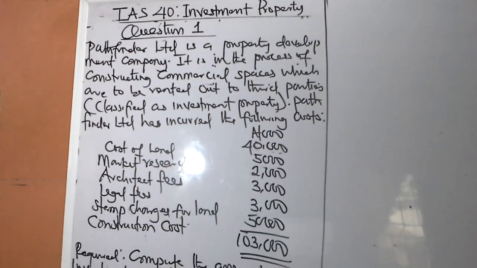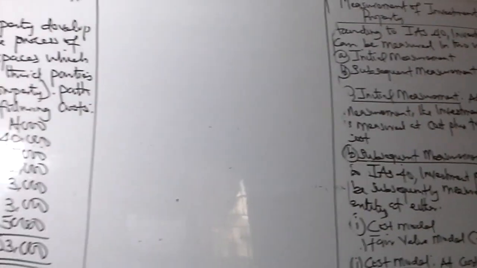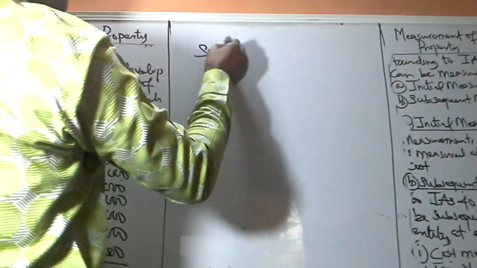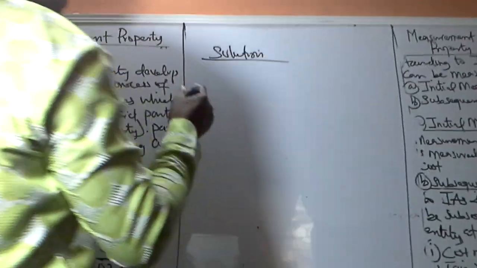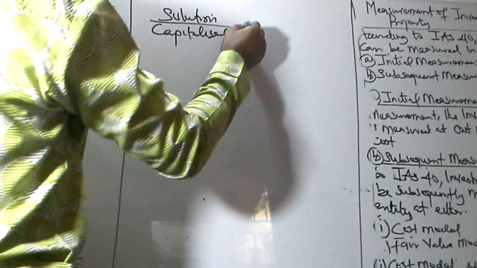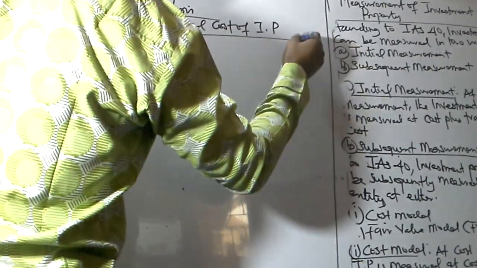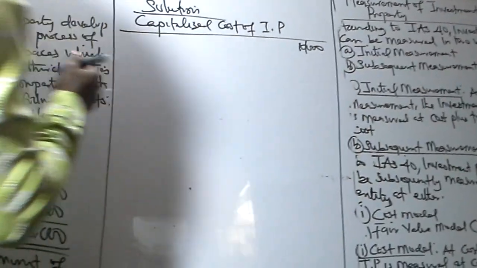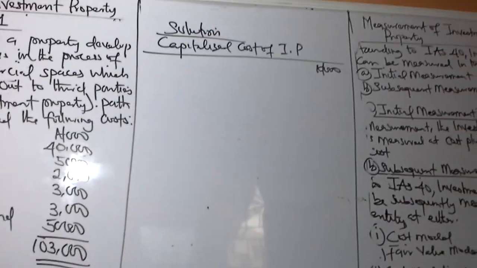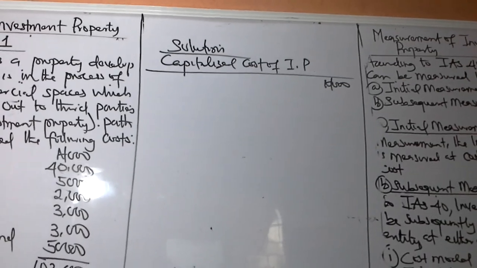So let us determine the cost of the investment property. Solution: capitalize the cost of investment property. That is what you pay. Listen now, like I told you earlier, when it is self-constructed, just look at the relevant costs.